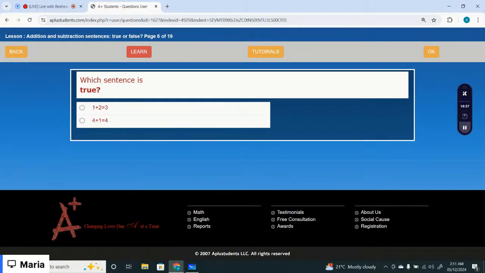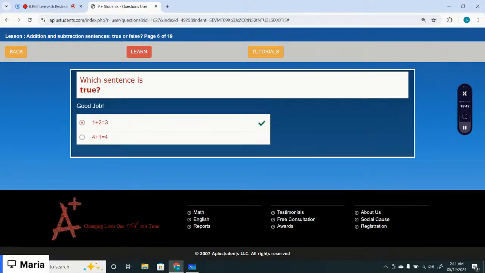Option number 1 is the correct option. That is 1 plus 2 equals 3.